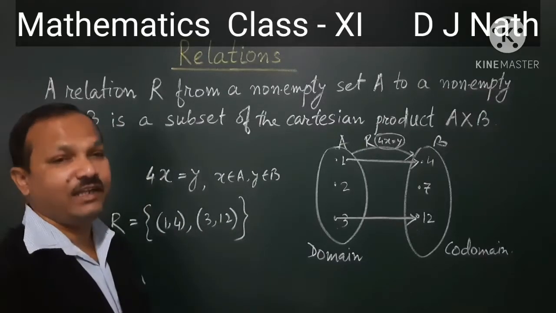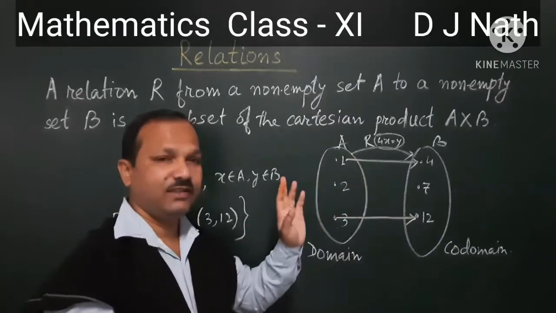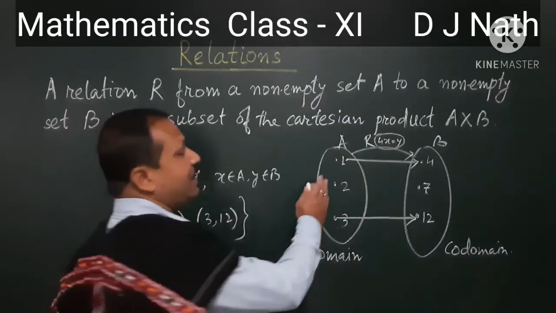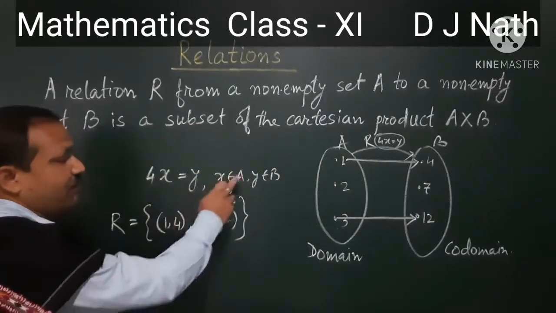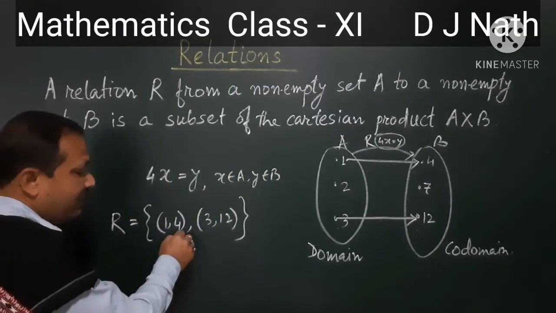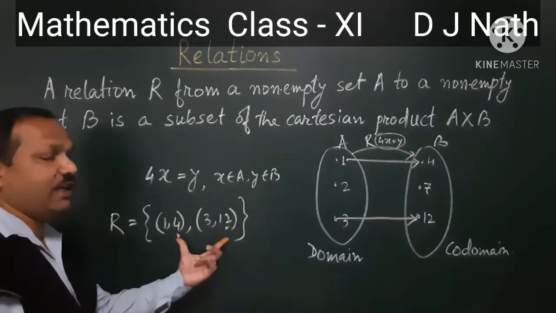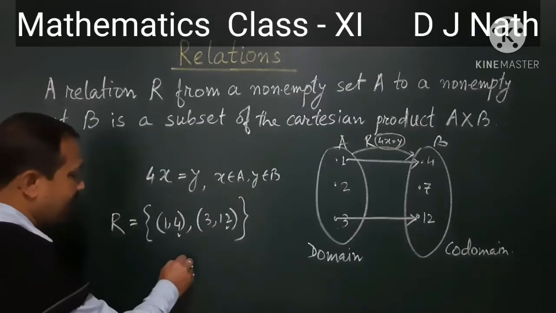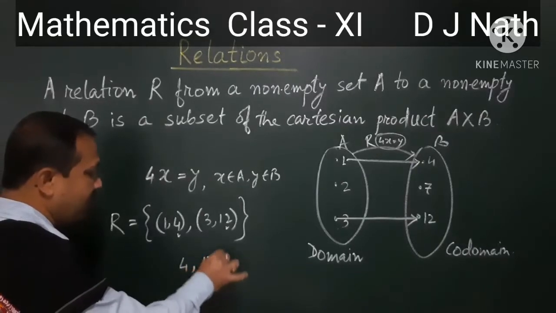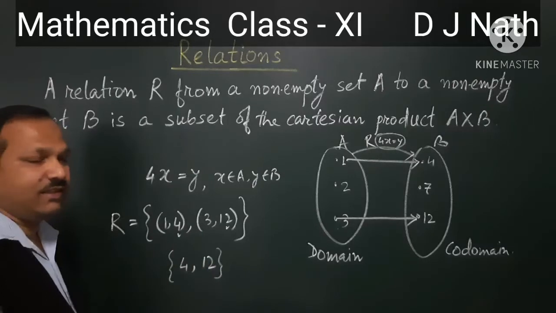What is called range? Range is, for this relation, the second element. The second element is called range. Means the range is 4 and 12. These two elements are there in the range.